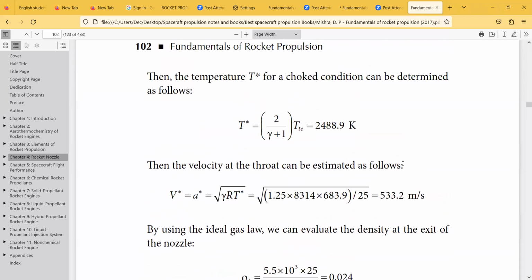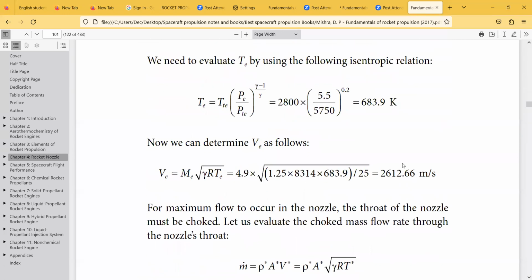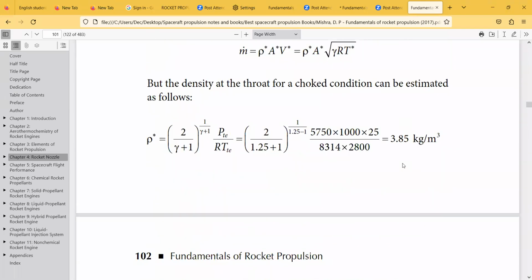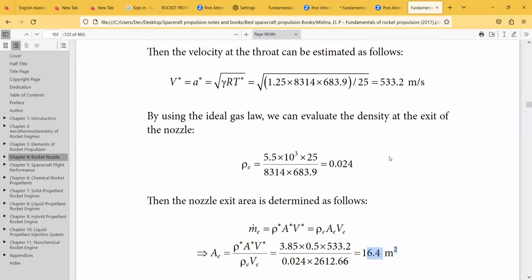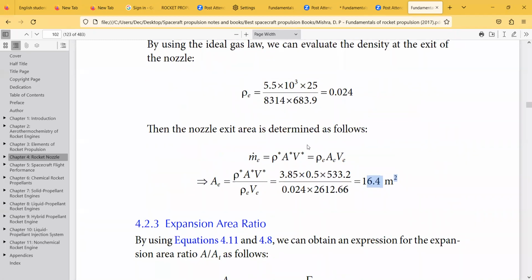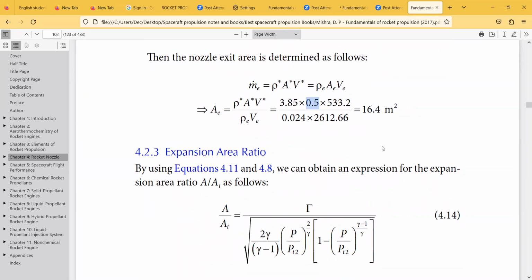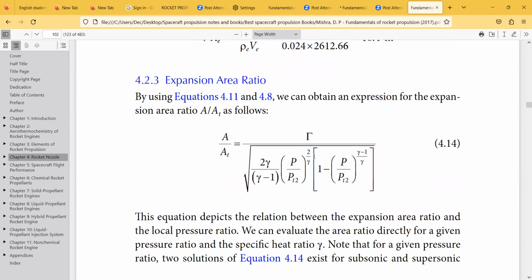Not only the exit diameter, the throat diameter also. The throat area is already given, that is a given parameter, so you can find the diameter of the throat also. You can find the diameter of the exit, and the diameter of the combustion chamber. By doing that, we can design an appropriate shape of nozzle.